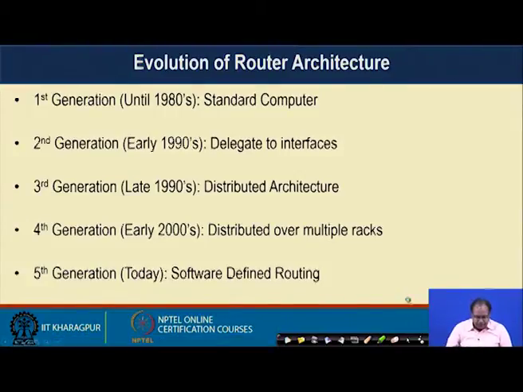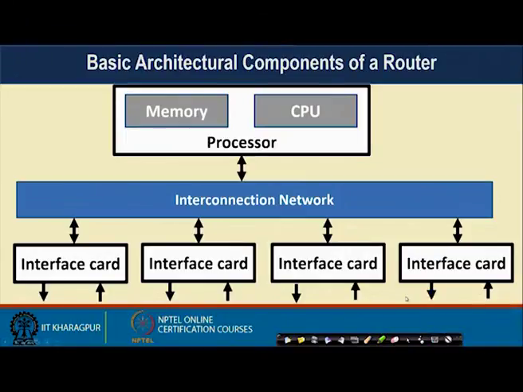Well, so these are the basic architectural components of a router. You have a processor, a general purpose processor, which has a memory component and a CPU component. The processor is connected to multiple network interface cards, which are connected through an interconnection network inside your router hardware.